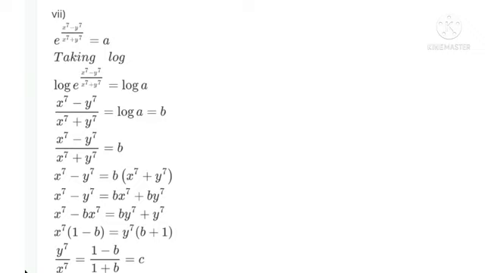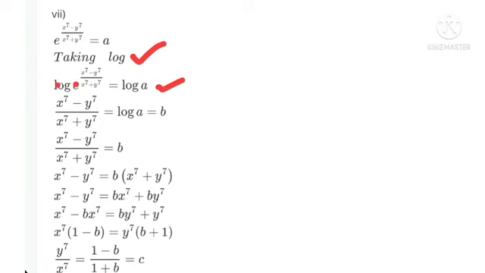Similarly, the 7th example is there. e raised to (x raised to 7 minus y raised to 7) upon (x raised to 7 plus y raised to 7) is equal to a. It is exponential form, so we take log. Log e raised to (x raised to 7 minus y raised to 7) upon (x raised to 7 plus y raised to 7) is equal to log a.